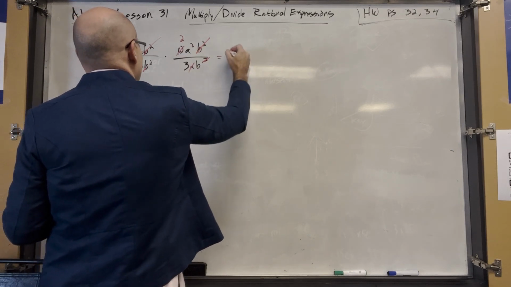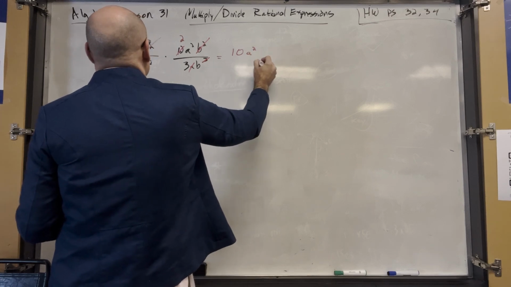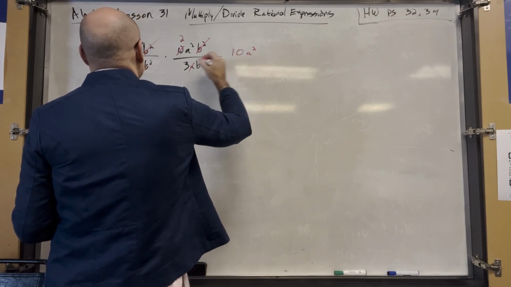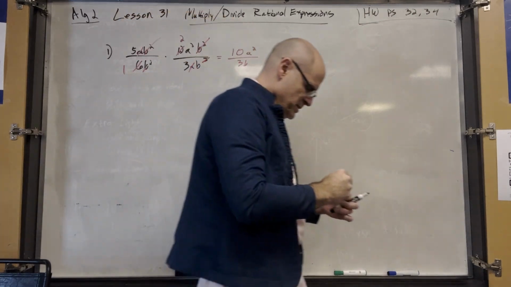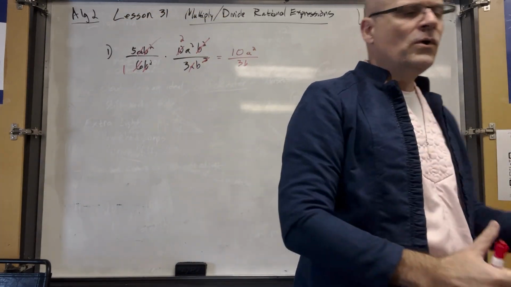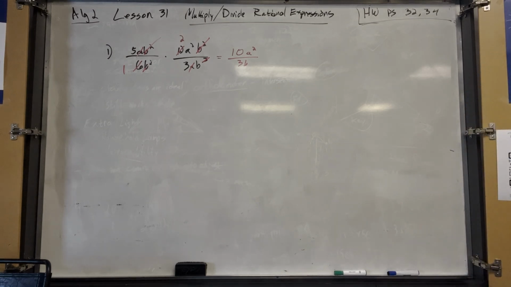So what do you got? 10a squared all over just 3b? Yeah. And that's it. You can leave it like that. Or if you wanted a separate coefficient, then you could have just said 10/3 a squared over b, or 10/3 a squared b to the -1 or something.